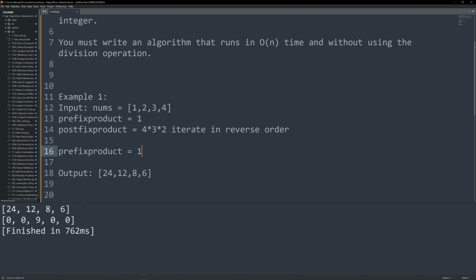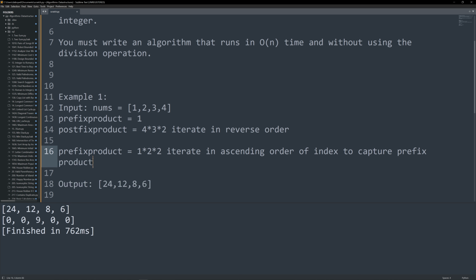And then if we look at element 4, what would be the prefix product? That would be 1 into 2 into 3. So from this we are understanding that there has to be another iteration in ascending order of index to capture the prefix product. So this is our idea.